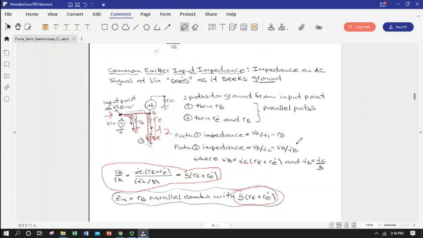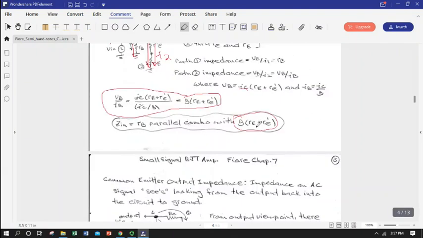The only difficult part, other than that takes us away from just being a straight up parallel, is remembering that you've got more current flowing through these two resistors than you would be looking at just from the standpoint of the signal input. So that's why we end up with the beta multiplier on these two. So we have R sub B parallel combo with beta, so the transistor beta, which is very large, times R sub E plus R little e and R big E.